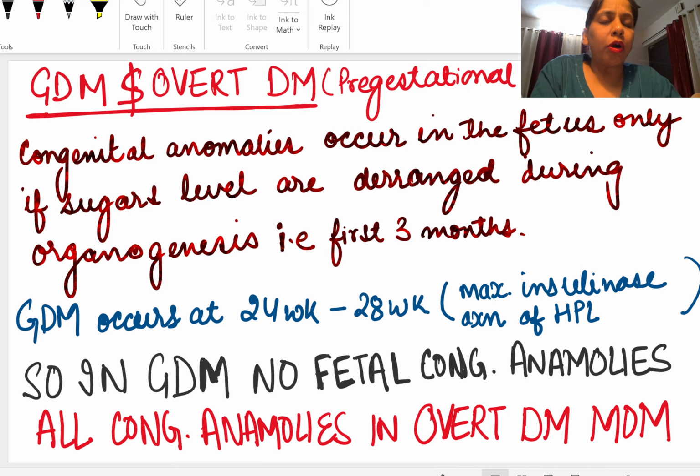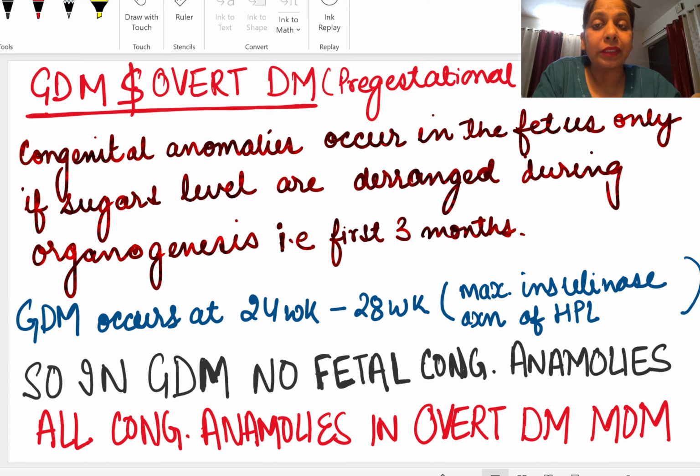First and foremost, the concept which we get wrong is that there are two different things. One is gestational diabetes mellitus and the second is overt diabetes mellitus, another name of which is pre-gestational diabetes mellitus.